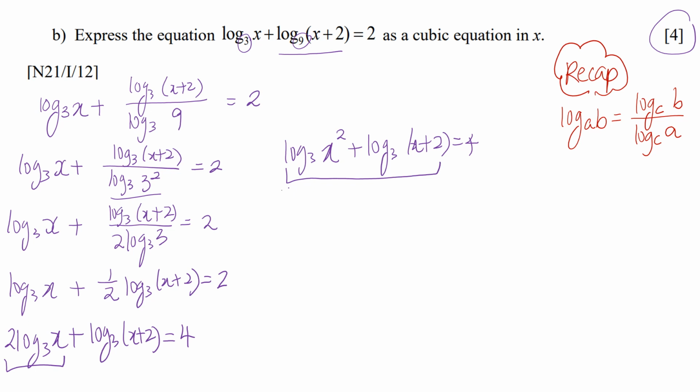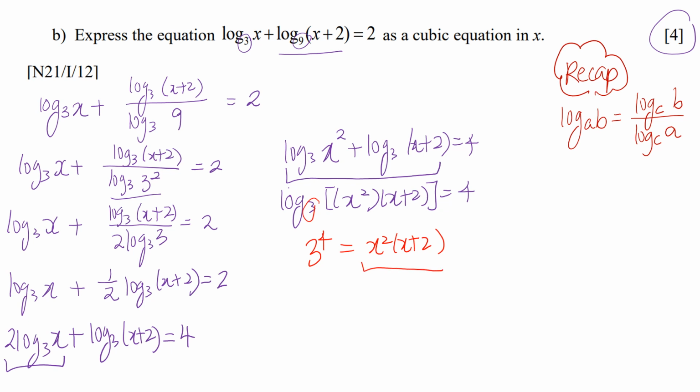Applying the product law, I would have log base 3 of x squared multiplied by (x plus 2) equals 4. The next thing is I'm just going to convert it into index form. To convert it into index form, zoom into your base. So it's 3 to the power of 4 equals x squared multiplied by (x plus 2).